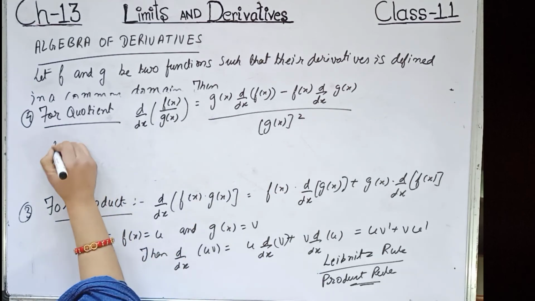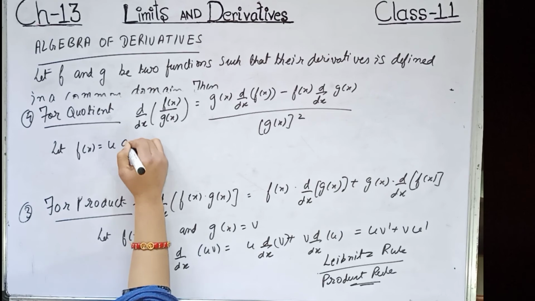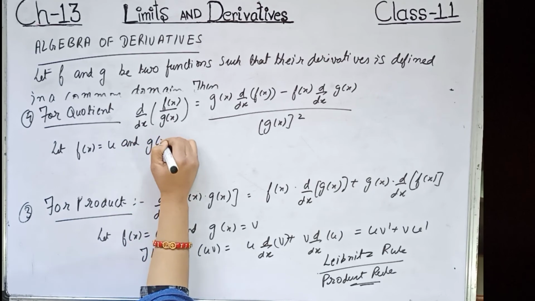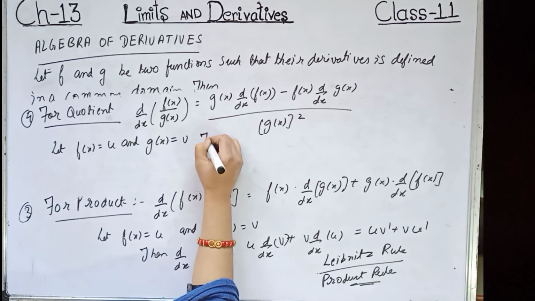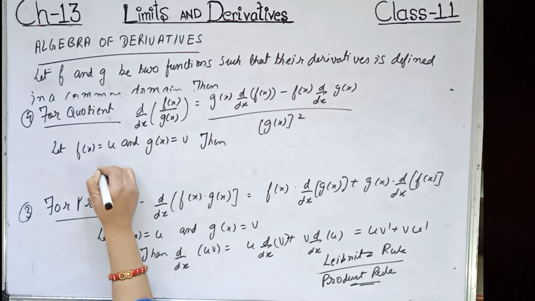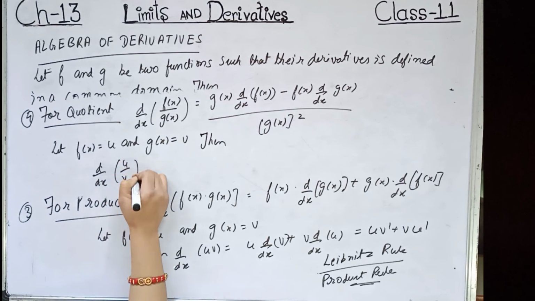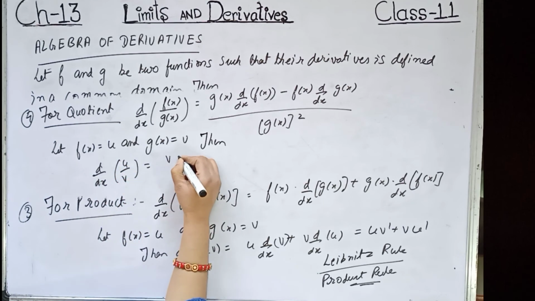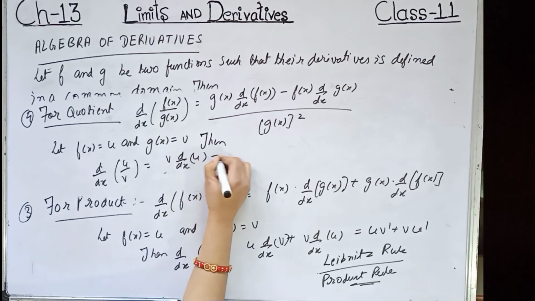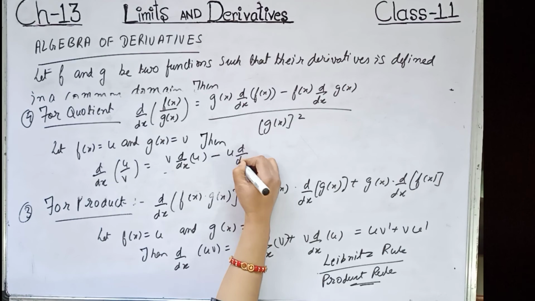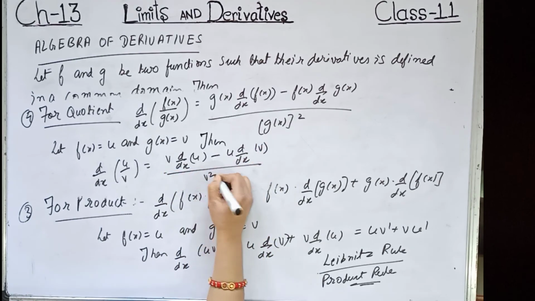Again in the simplified form, let f(x) equal u and g(x) equal v. Okay. Then d/dx of u by v equals v d/dx of u minus u d/dx of v, divided by v square.